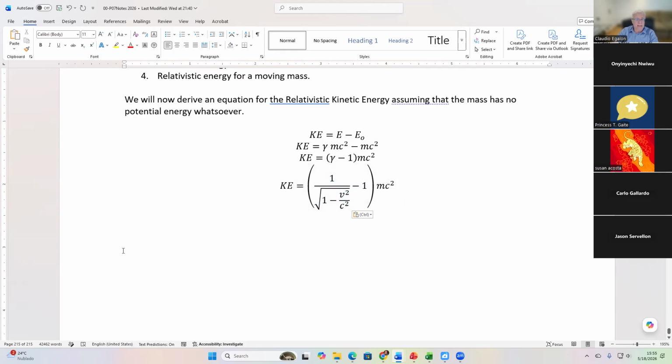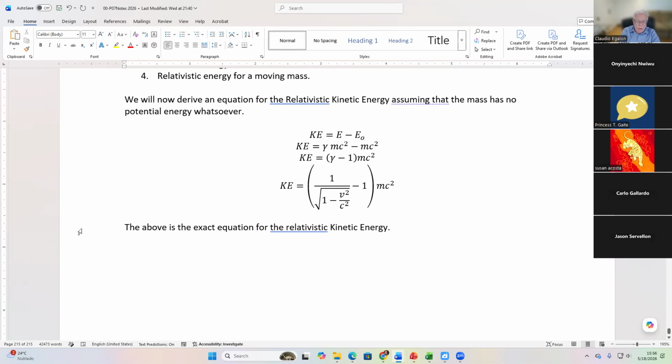Okay, that's exact. The above is the exact equation for the relativistic kinetic energy. Now let's do something else.